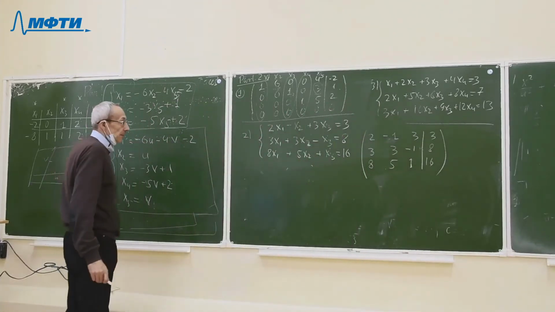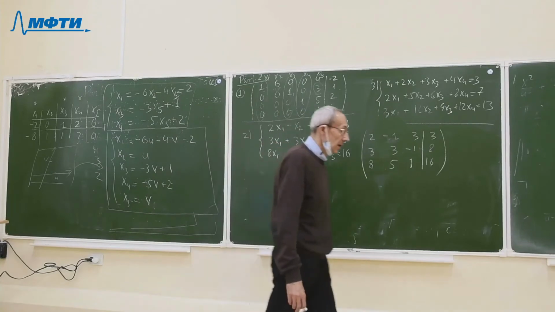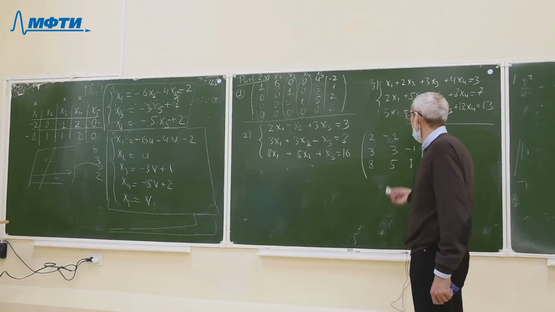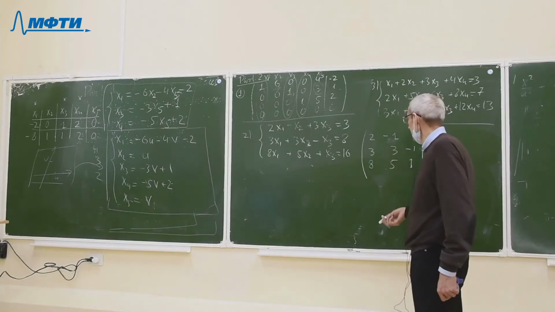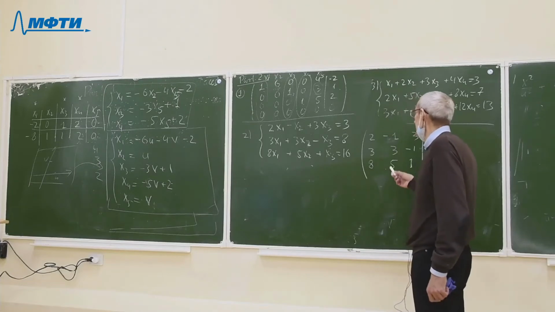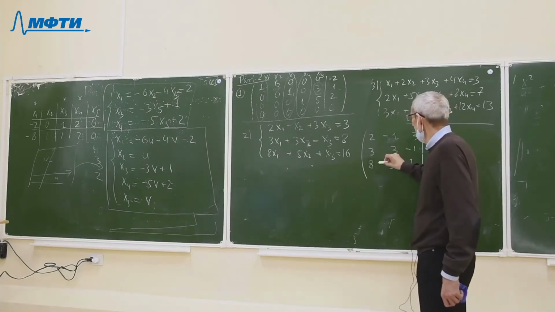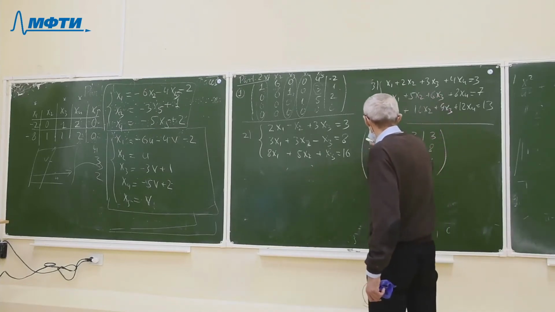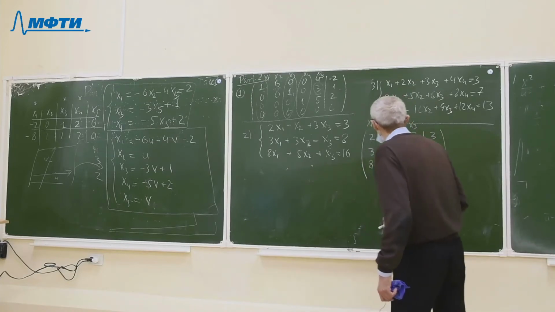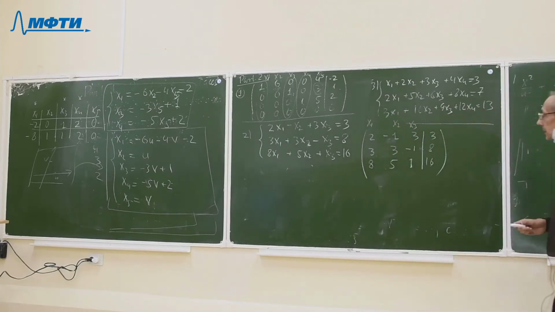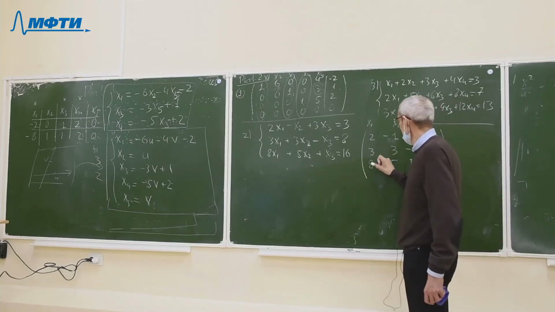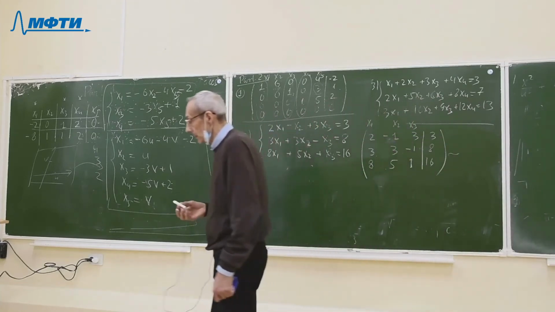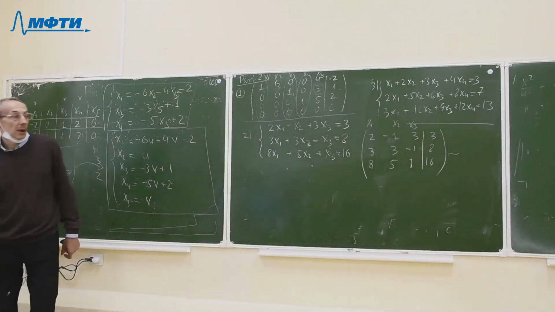And the main idea is to eliminate some variables from equations number 2 and number 3. Let's exclude the variable x1. We have x1, x2, x3, three variables, and as a first step we can use elementary transformations.